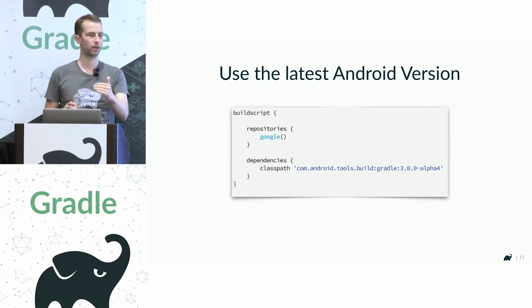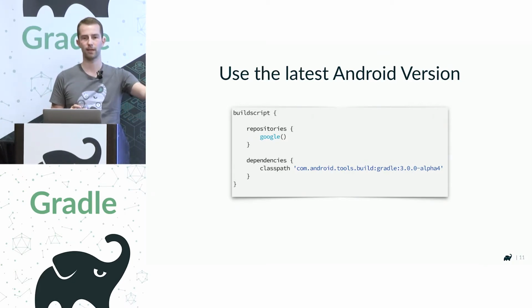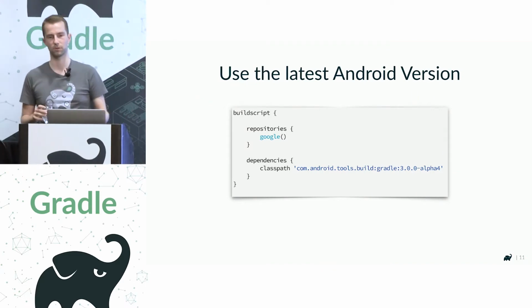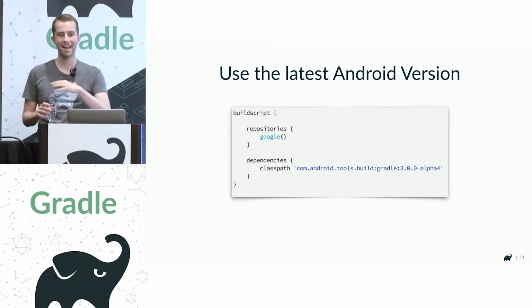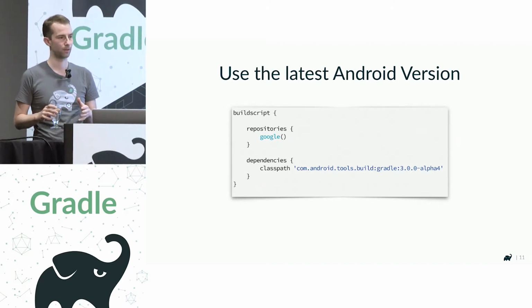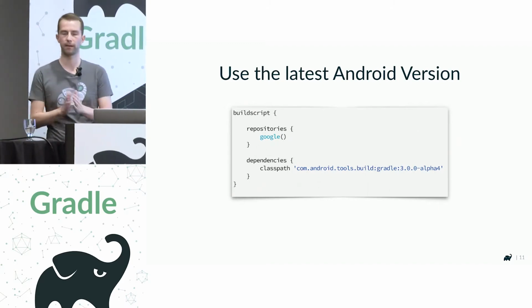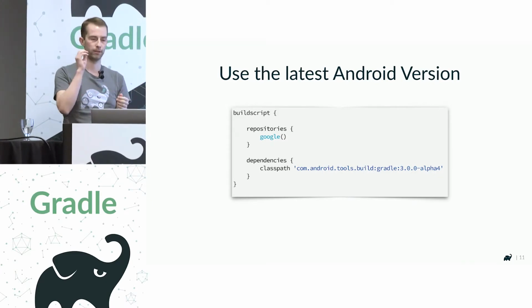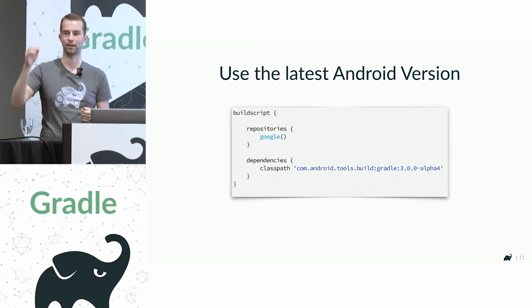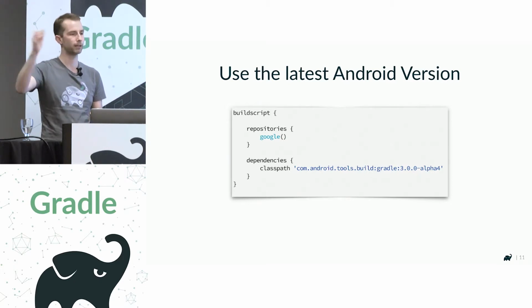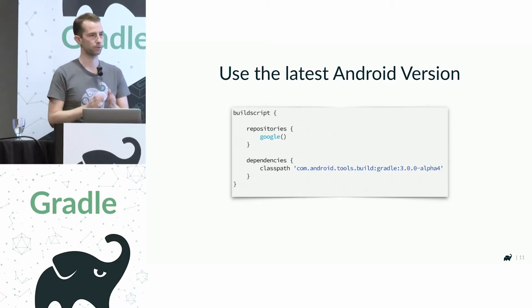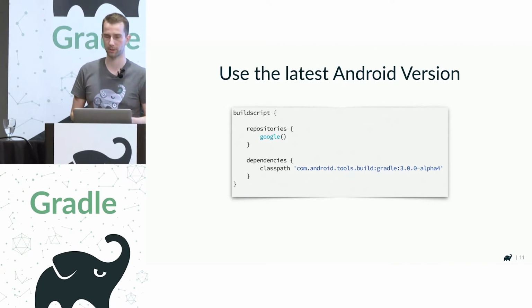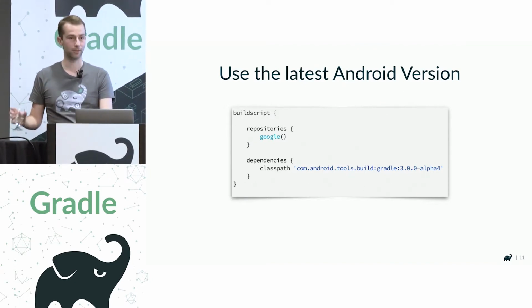So the manifest merge task would be waiting until the full AAR of a library is built, like the Java classes are built, resources are merged, etc., before anything in the app could start executing. Whereas now, we can actually say, hey, I need the manifests of the debug ARM version, please. And as soon as that is ready in the library, I can start merging the manifests in my app. So this has really improved parallelization as well. So yeah, if you do one thing, give 3.0 a try.